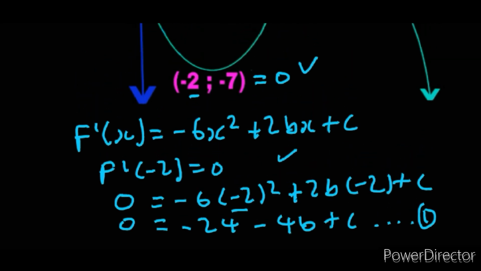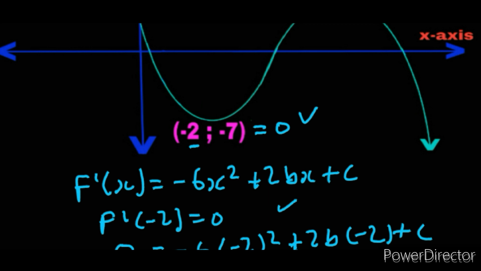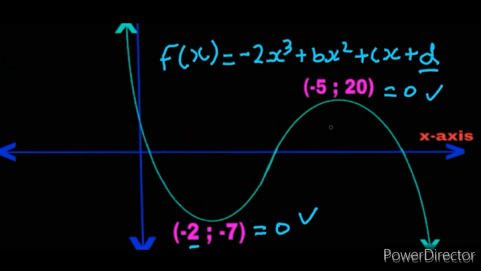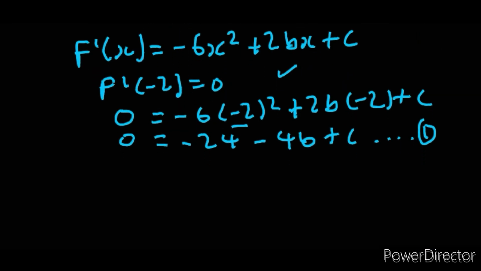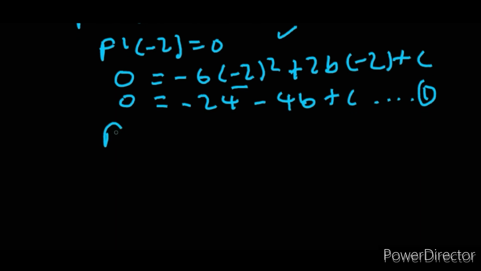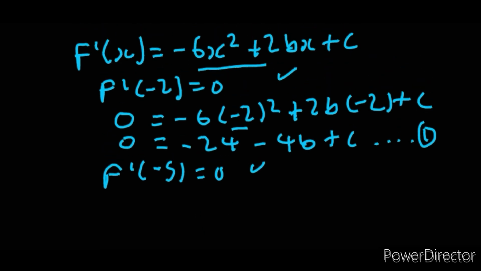Let's substitute the second piece of information as well. We have to state that the first derivative when x is minus 5 is equal to 0. You get a mark for that. And then let's substitute into this formula.